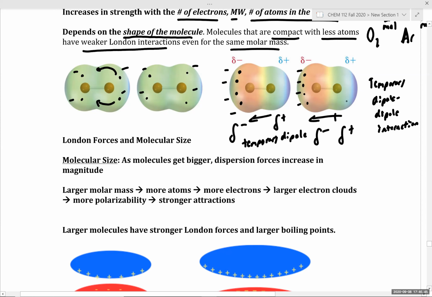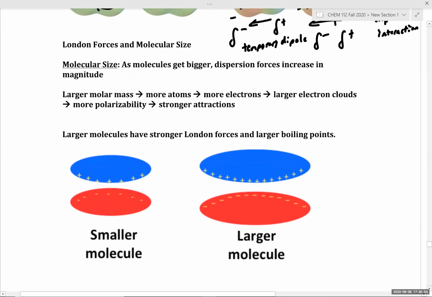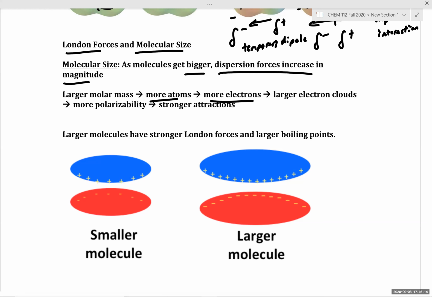Okay, so building on this idea of temporary dipole-dipole interactions, London forces have a dependence on molecular size. As the molecules get larger, our dispersion forces increase in magnitude. Quite simply, the more atoms we have, the more electrons we have, the more we can distribute our electron density over multiple atoms. We can generate a larger molecular dipole over a larger area.